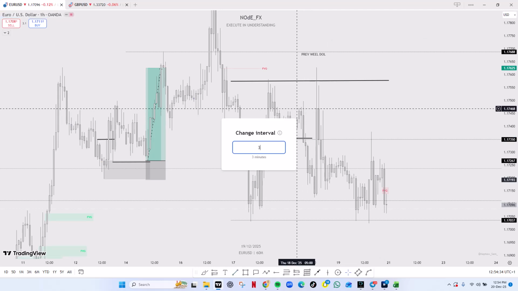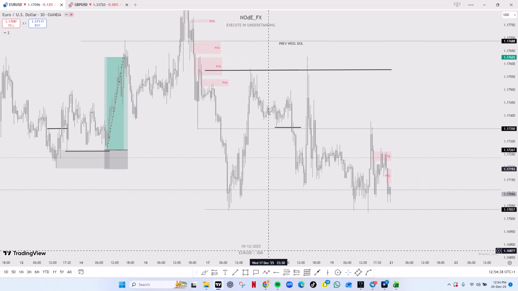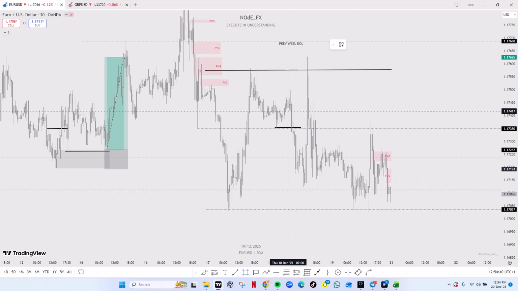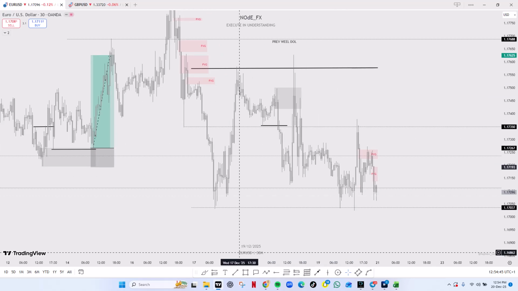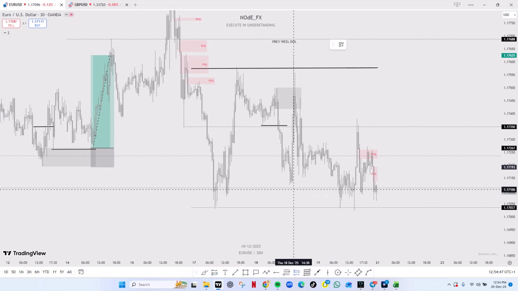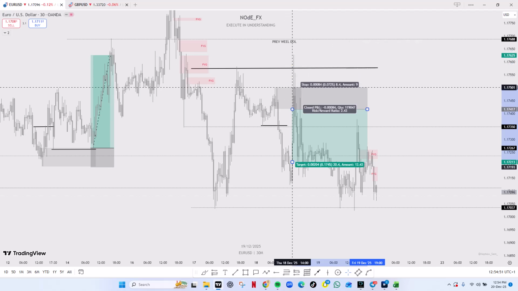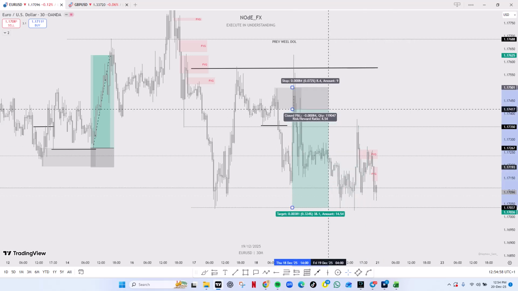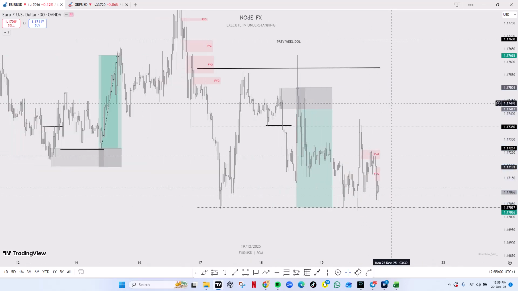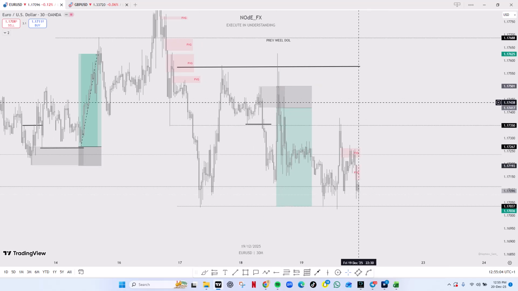Then I went down to the 30 minutes time frame, marked it up like this, and then voila, taking the trade from here as my entry, placing the stop up here a bit, something like that. And then my target was here. Initially it was like a 4 hour trade or thereabouts, but yet I was stopped out before price moved in my favor.